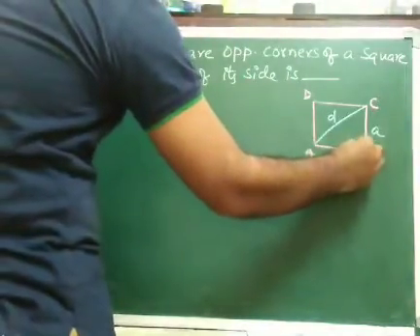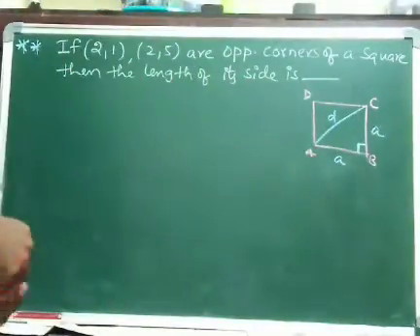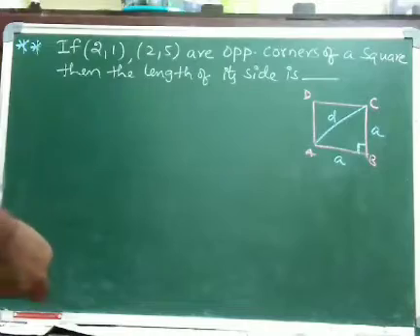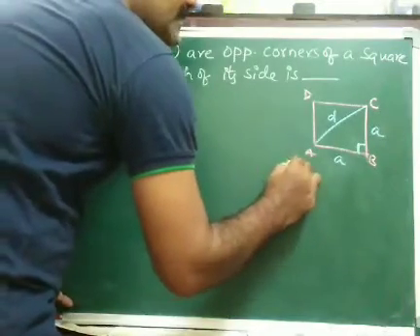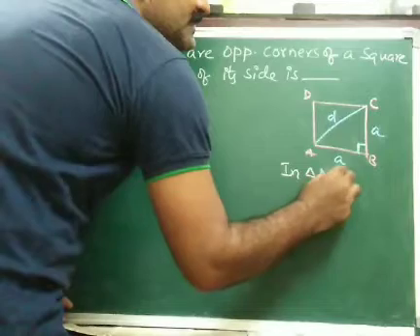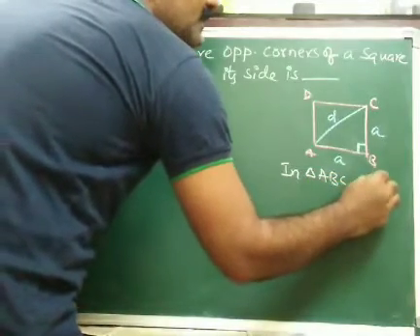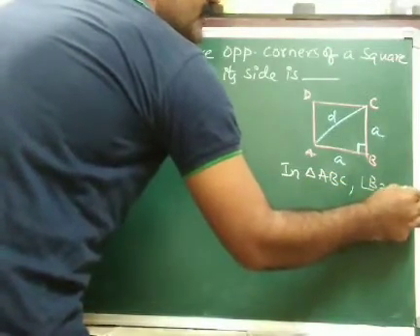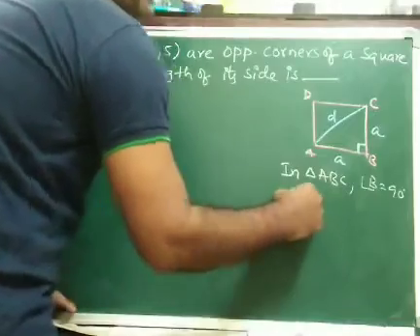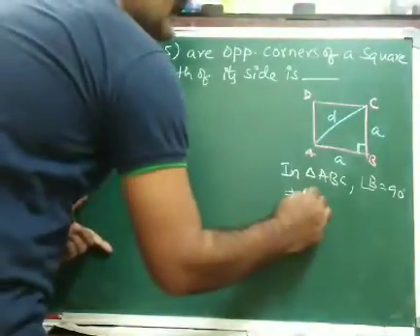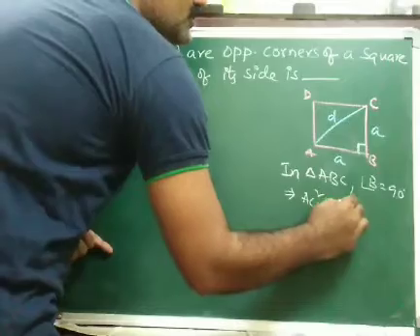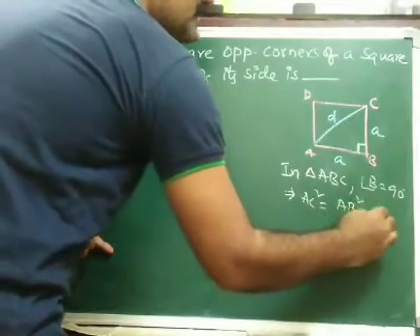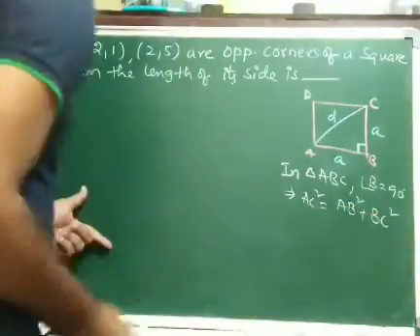Now, what about the angle at B? It is a right angle. So, what can I say? In triangle ABC, angle B is 90 degrees, because of the right angle, I can apply the Pythagoras theorem. That is, AC square is equal to AB square plus BC square.